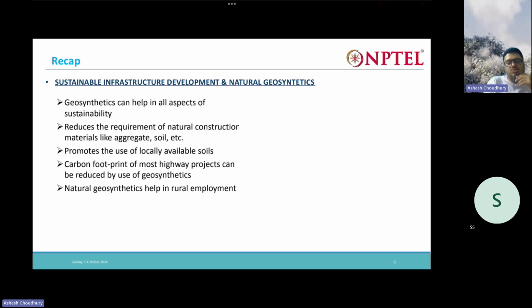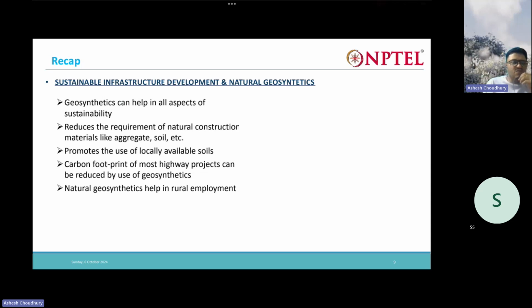So we need to use natural geosynthetics as much as possible. That is one thing. And second thing is that if we use naturally available geosynthetics such as coir and jute, those geotextiles, we can empower the local population.